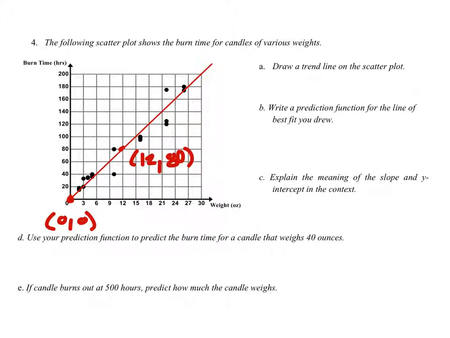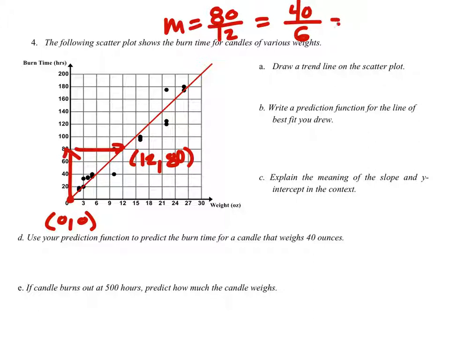So if I drew a triangle onto these, I went up 80, so that's my slope. I'm going up 80 and then to the right 12. And 80 divided by 12 is not a pleasant number as a decimal, but as a fraction we should get something pretty good. So simplify again, 20/3.